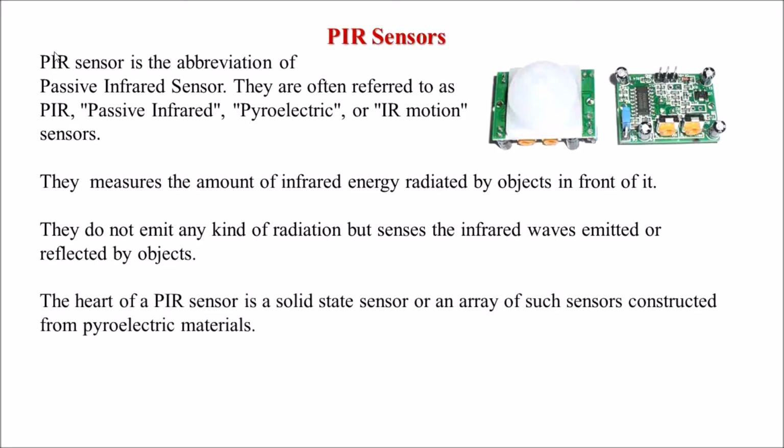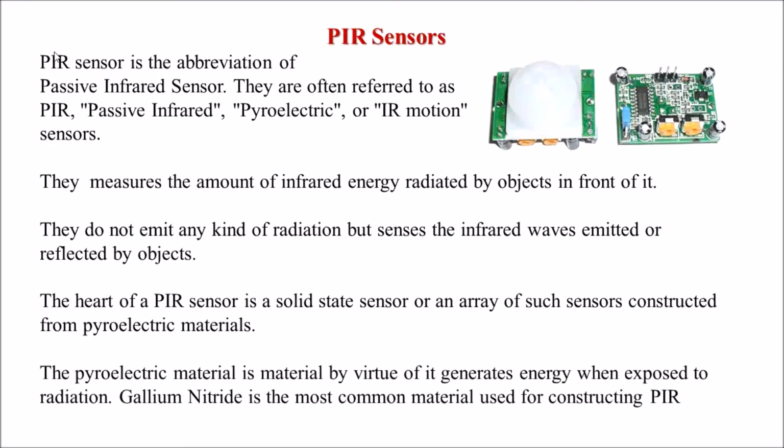The heart of this PIR sensor is a solid state sensor, or an array of such sensors, constructed from pyroelectric materials. Pyroelectric material generates energy when exposed to radiation. Gallium nitride is the most common material used for constructing PIR sensors.